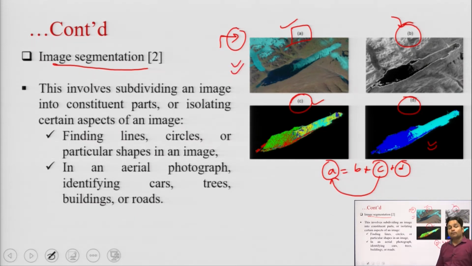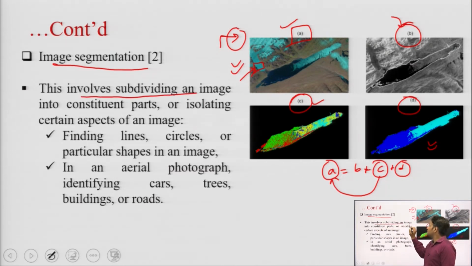So, if some important information is present inside a segment of the original image, then you can identify that information using image segmentation. That portion is important in this regard.